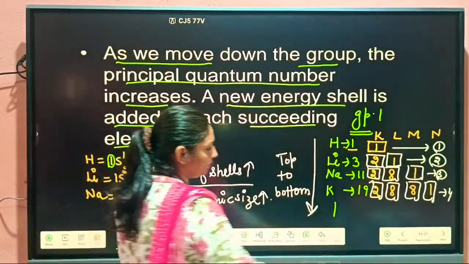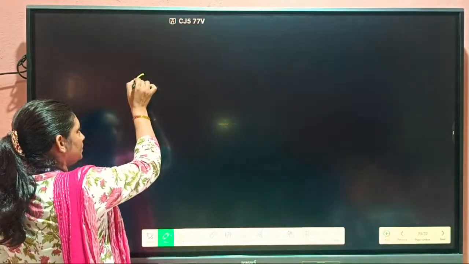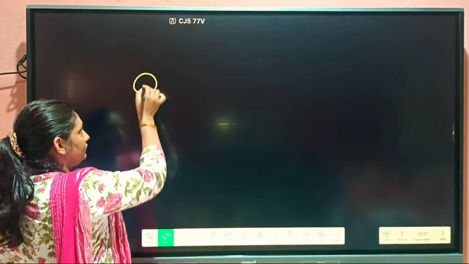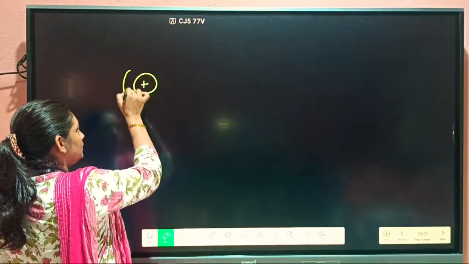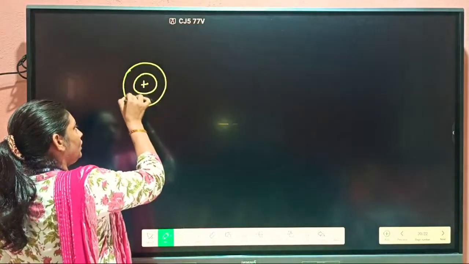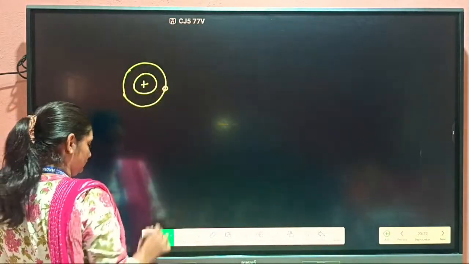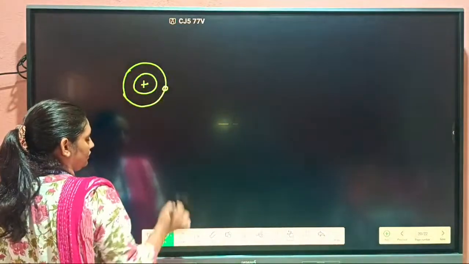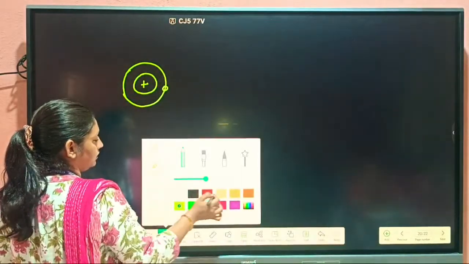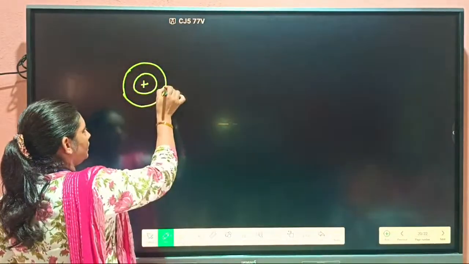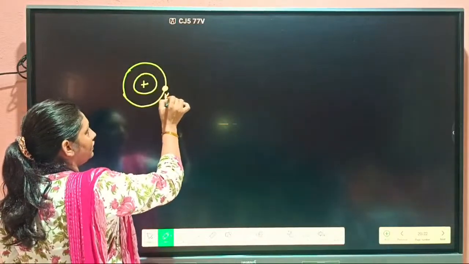Okay. For example, if we draw the structure, in hydrogen, this is the nucleus. 1 electron we can fill only in the K shell.